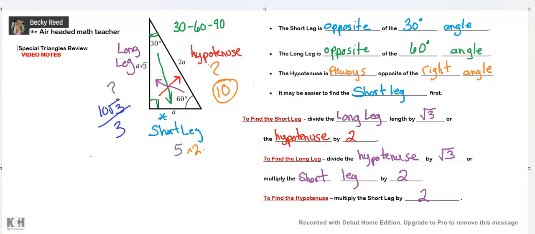But if you didn't have that one and you had this long leg over here, and your long leg is 10 times square root of 3 over 3. So if you did not have this one and you wanted to find the hypotenuse, you could multiply this one.